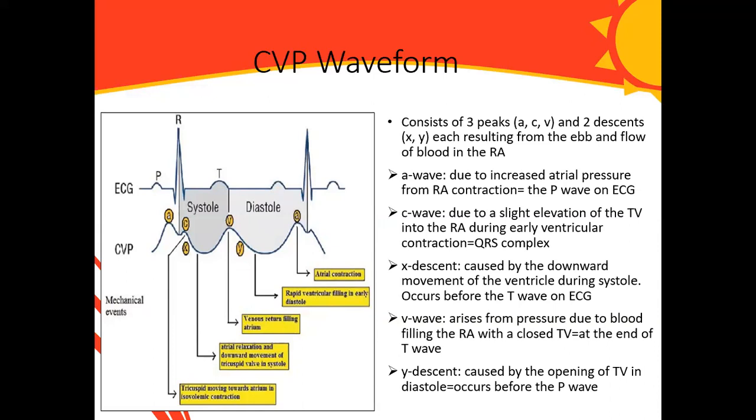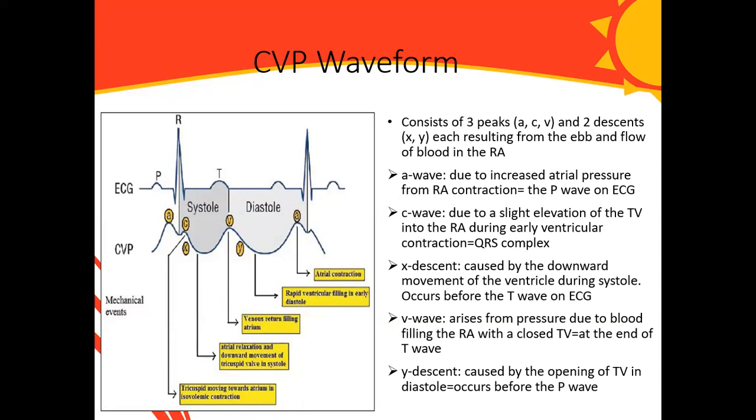The A wave is caused by the increase in atrial pressure from the contraction of the right atrium, and corresponds to the P wave on your ECG.